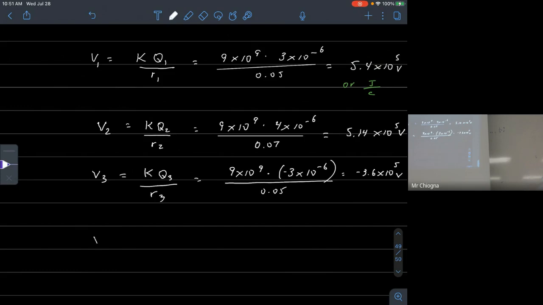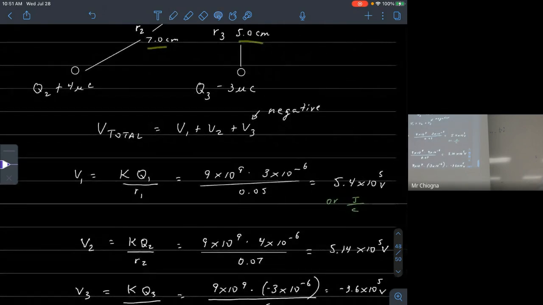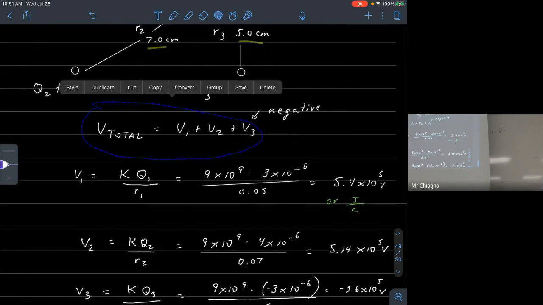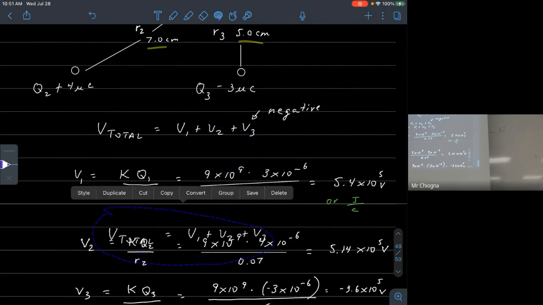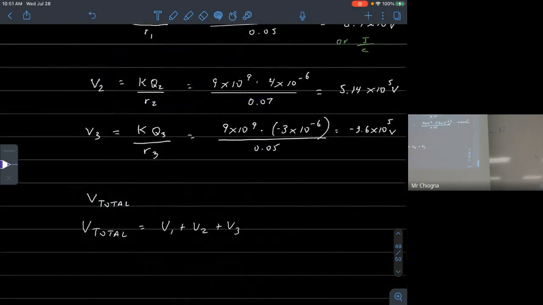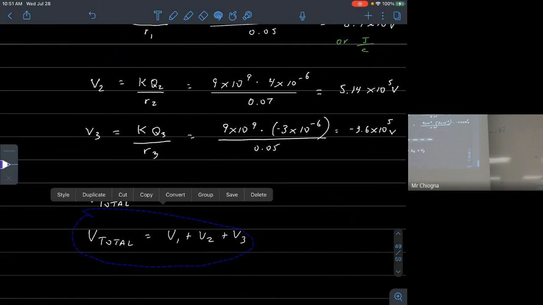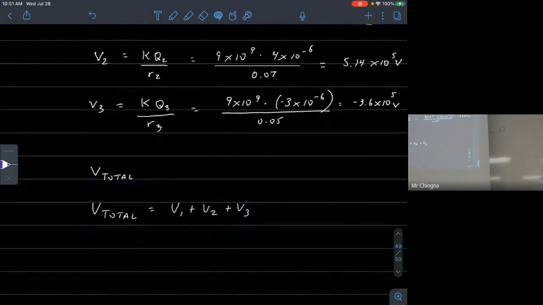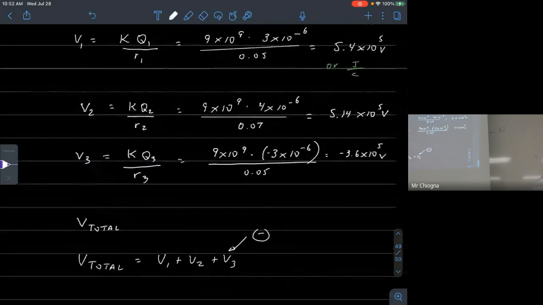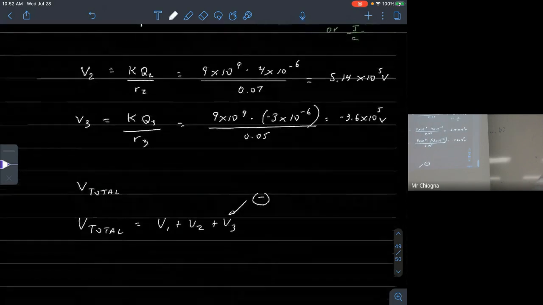V total is this here again. Get your V total, taking into account, again, this is negative. Okay, so just add up the numbers. You've got 5.4.